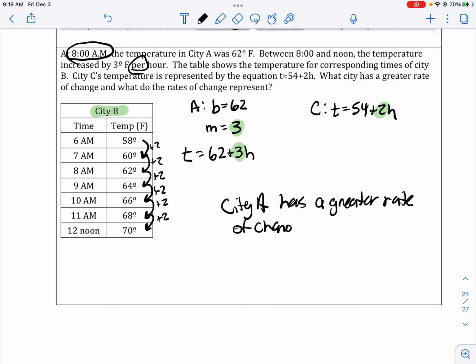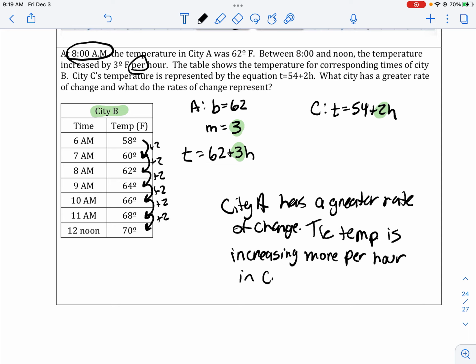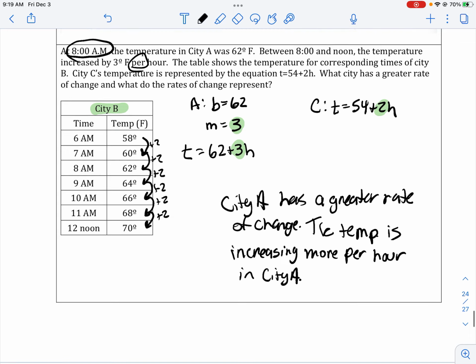And that means that the temperature is increasing more per hour than any other city. City A has a greater rate of change, and the temp is increasing more per hour in City A.